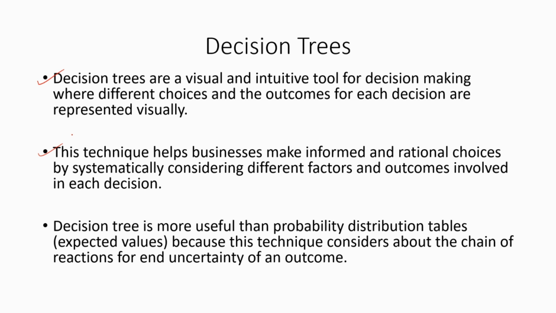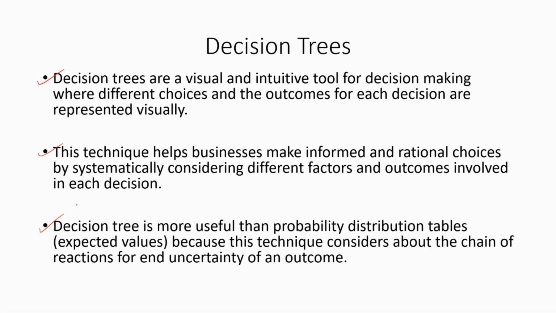in each decision. A decision tree is more useful than probability distribution tables, which are expected values, because this technique considers the chain of reactions for an uncertain outcome. Under expected values, we only considered the probability for each outcome.